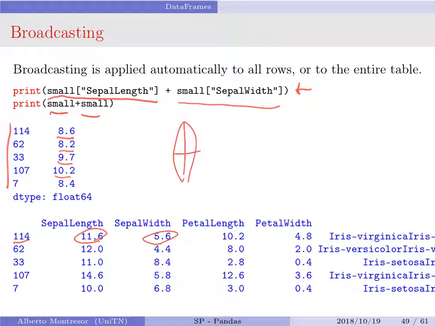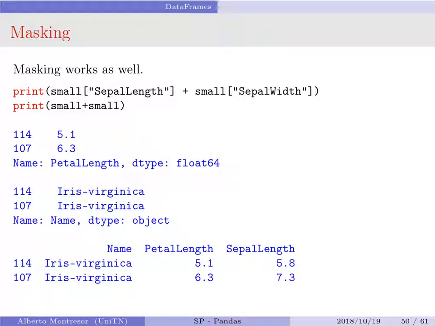I also did something not really reasonable, which is summing together the names, but summing two strings gets you two strings, because you see here Iris virginica plus Iris virginica is repeated twice. There probably should be a way to avoid that, but you can do as you want.